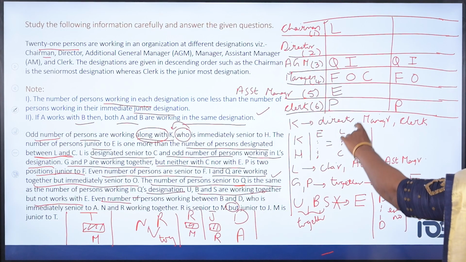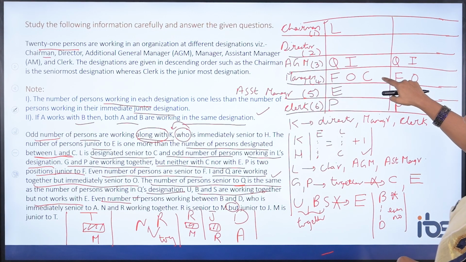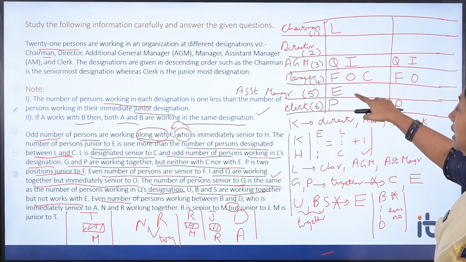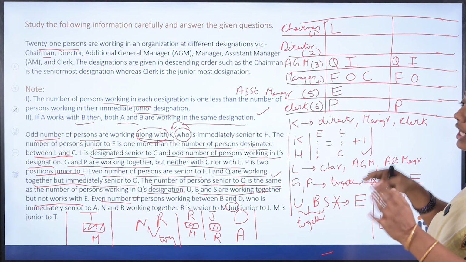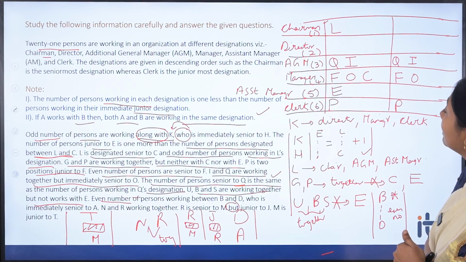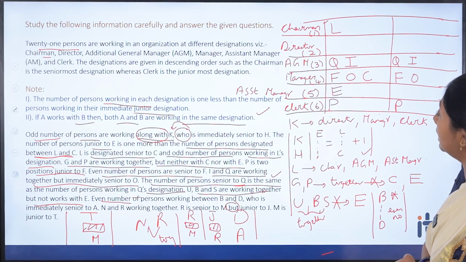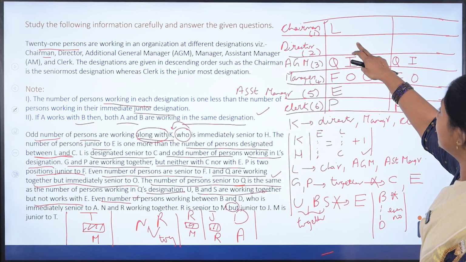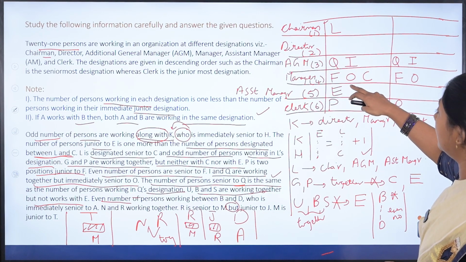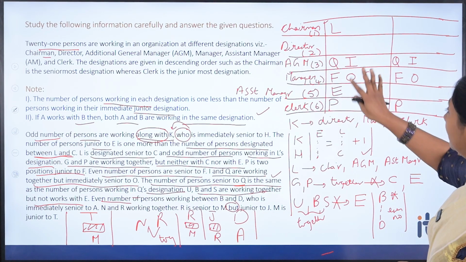Why can't E be here? If E is here, how many persons are junior to E? 11 persons. So you need the number of persons between L and C as 10. Is there any possibility of getting 10? If you place L and C, then 9, 12 you are getting. You are not getting 10 anywhere.